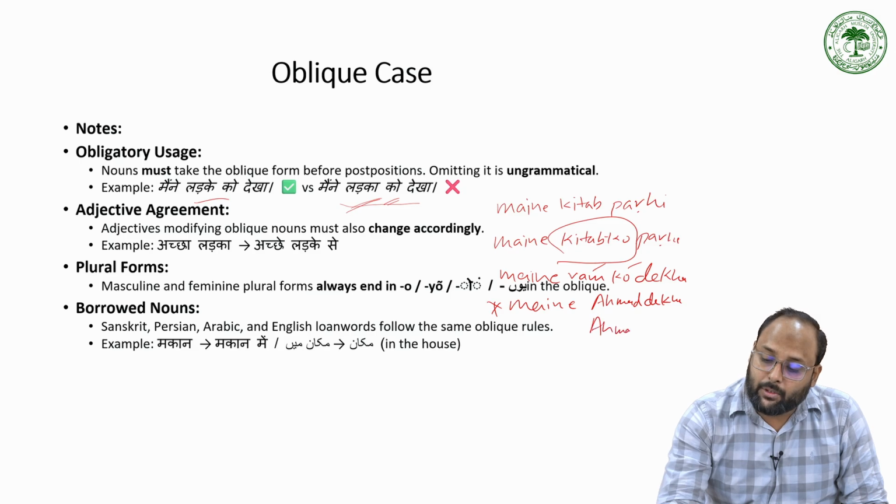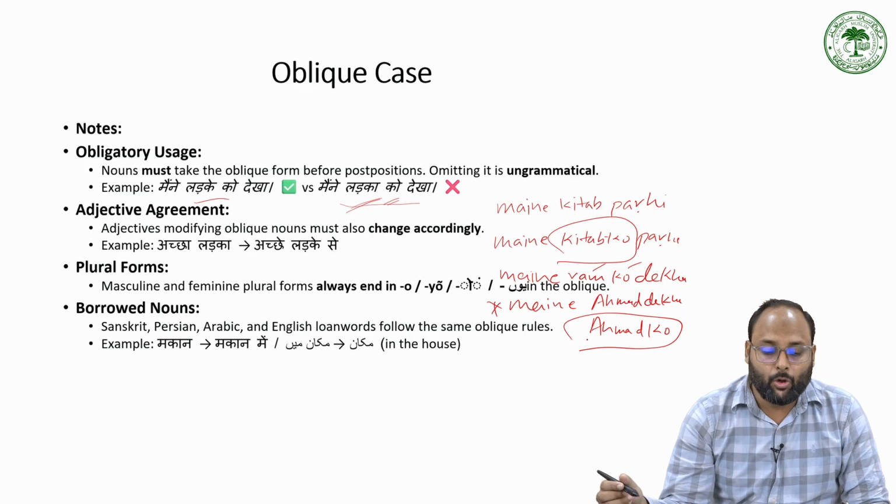That is because of specificity and animacy, so we are adding the ko marker there.